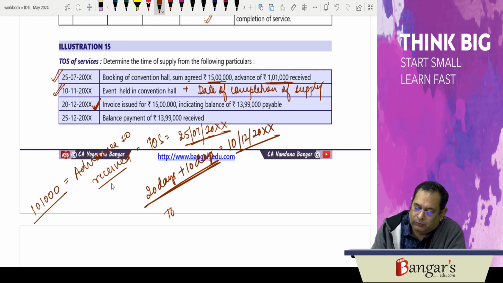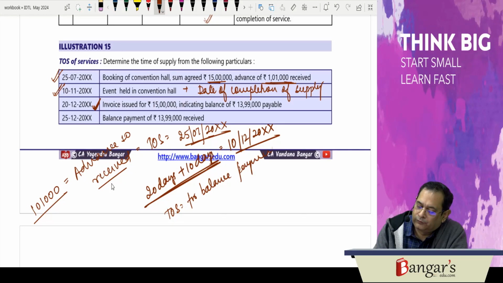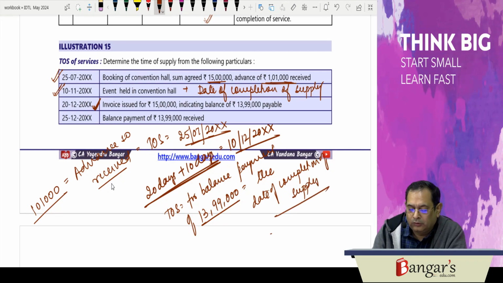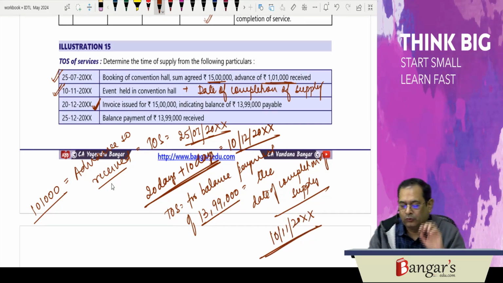So the time of supply for balance payment of 13,99,000 will be the date of completion of supply, that is 10/11.